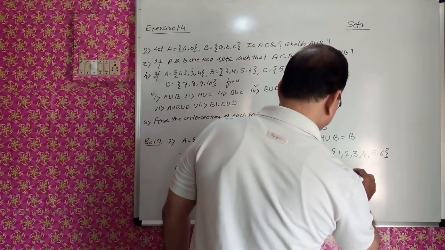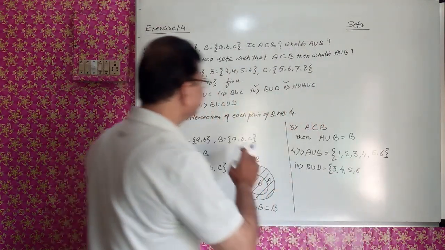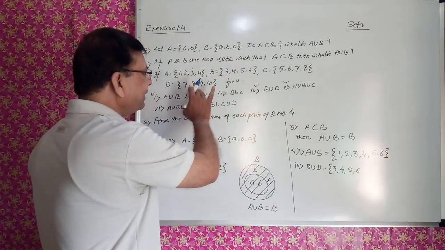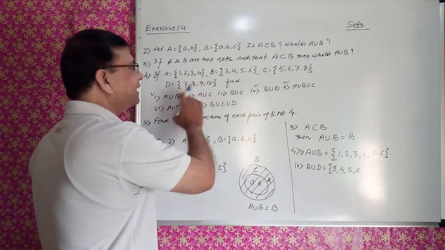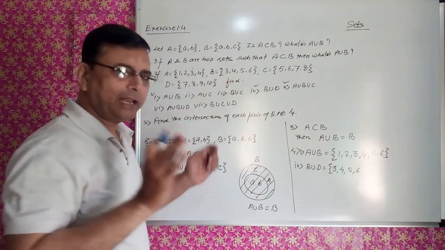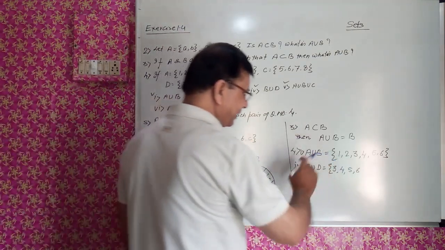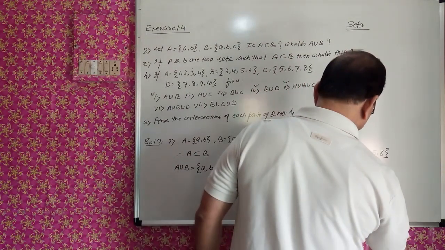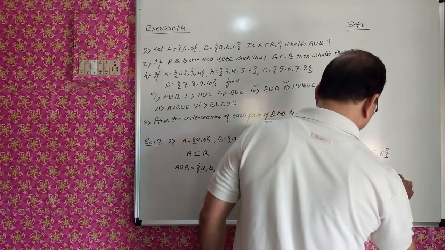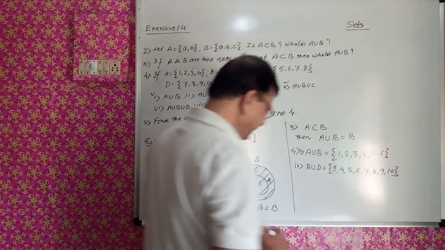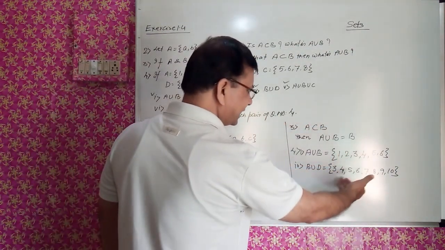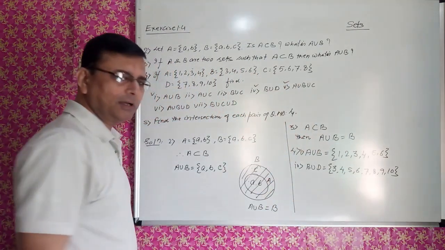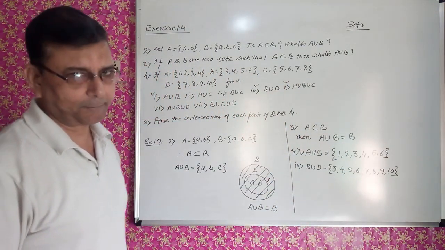Then we will write 5. Then we will write 6. All the elements of B have come. If common elements are there, no need to write them again. D is 7, 8, 9, 10. Nothing is common in this, so elements of both the sets will be coming in this. That is 7, 8, 9, 10 I will write. So this will be B union D. Here nothing is common, so all the elements of B and D will come.